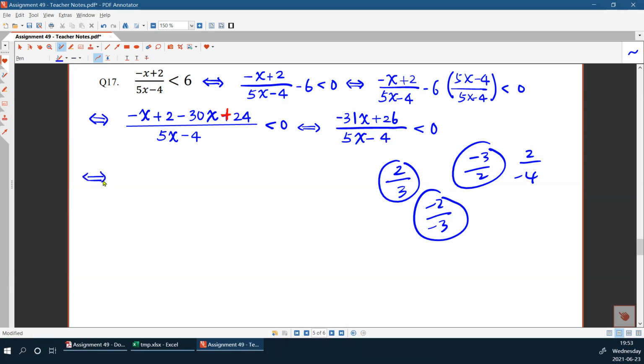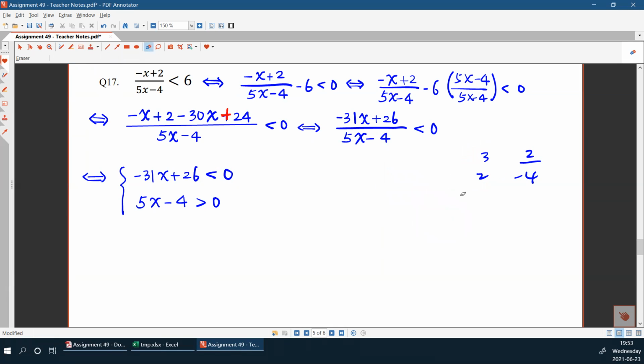So this problem is equivalent to, we can either have the numerator is a negative number, and at the same time, the denominator is a positive number. Then the ratio would be a negative number, right?